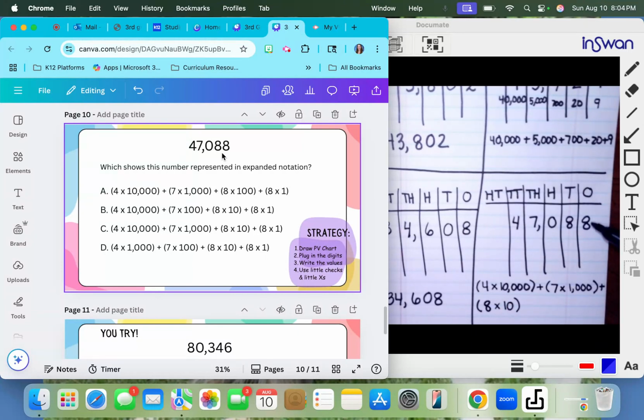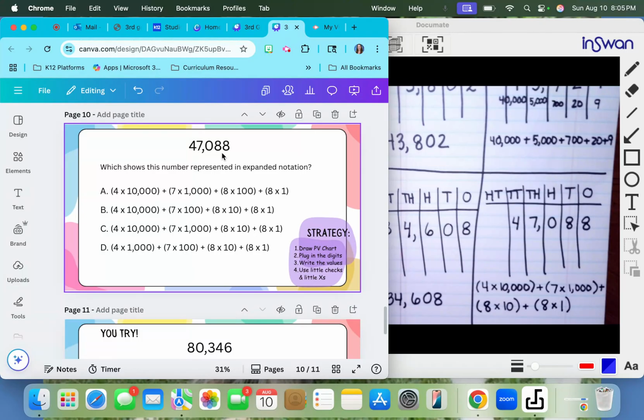And last, we have another 8, but this time we've got him in the ones. So my last group is going to be 8 in the ones. And we did it! We just wrote out expanded notation.